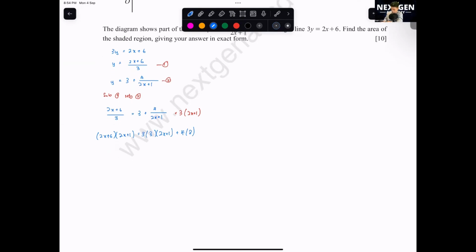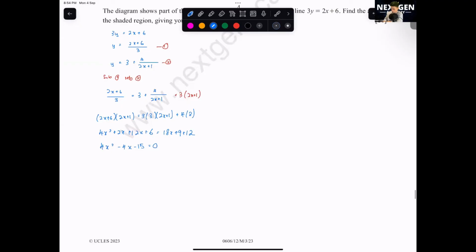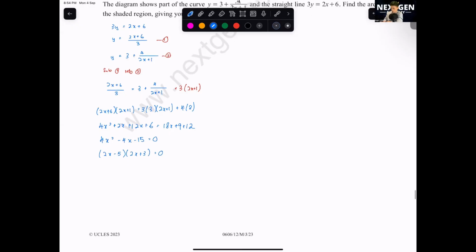Open up the bracket: 4x squared plus 2x plus 12x plus 6 equals 18x plus 9 plus 12. You get a quadratic equation, 4x squared minus 4x minus 15 equals 0, which factorises to 2x minus 5, 2x plus 3 equals 0. x equals 5 over 2, x equals negative 3 over 2.